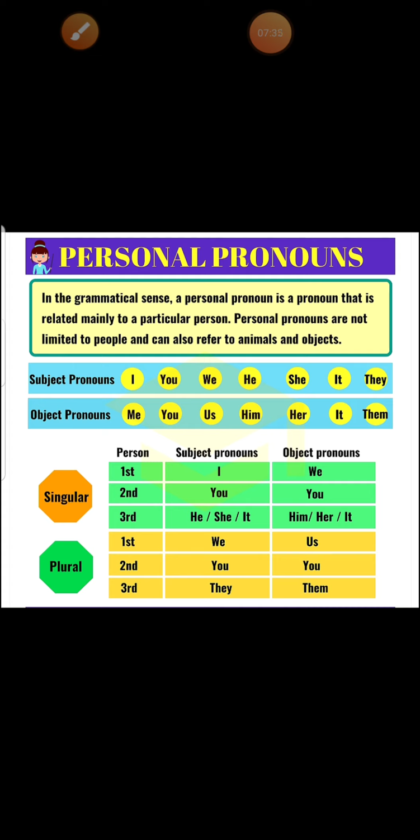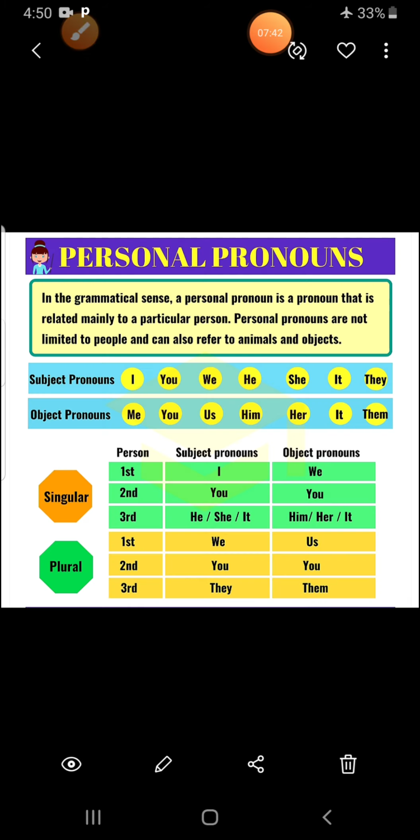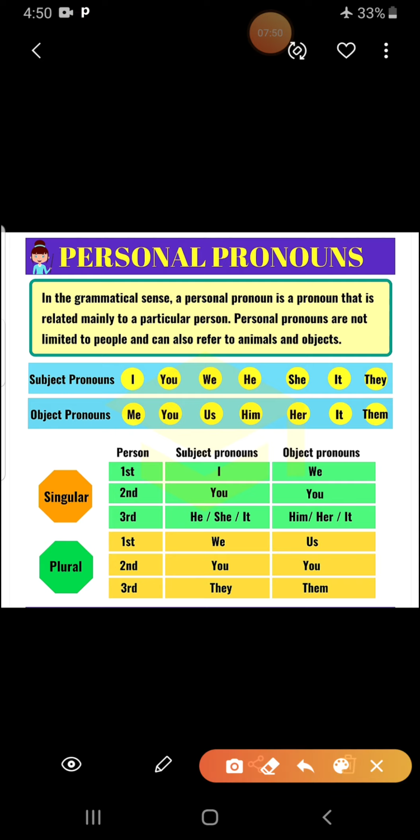Then okay, there is actually an error here in this first singular object one. This will not be we, this will actually be me. So please correct this. Me is used as object.